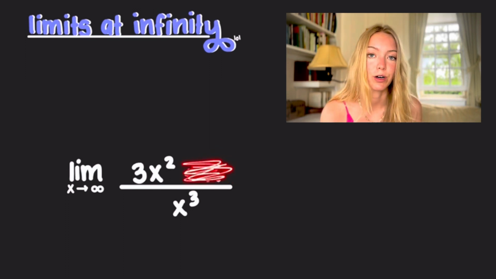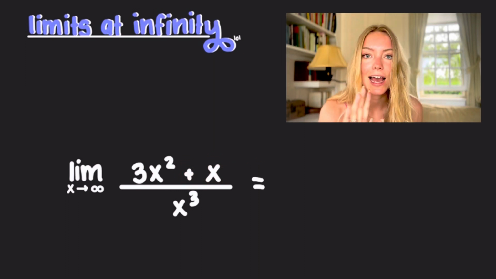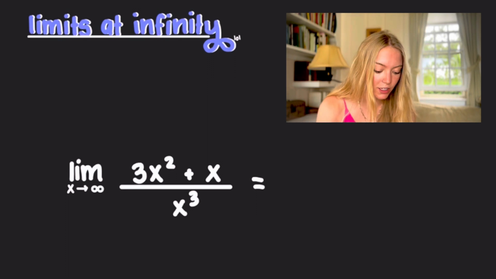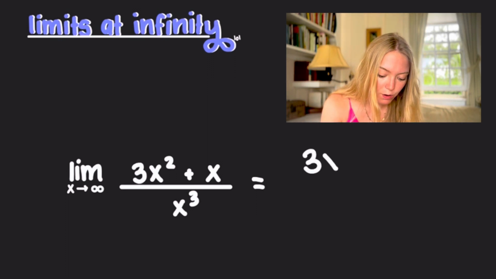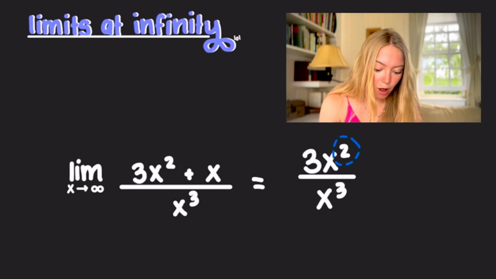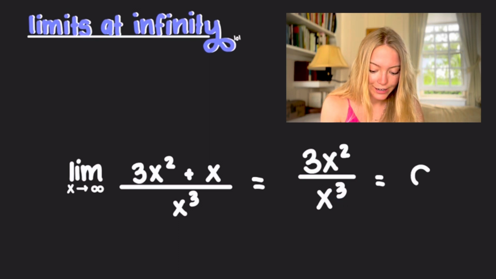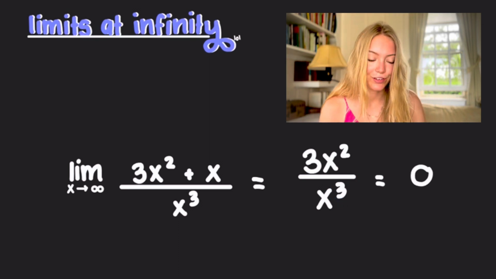Like you don't need to worry about it. So you're going to pick the biggest exponent and its term in front. So this is going to turn into 3x squared over x cubed. And then you just evaluate it from there. Smaller over bigger. So that's going to be equal to 0. So that would be your answer for this one.